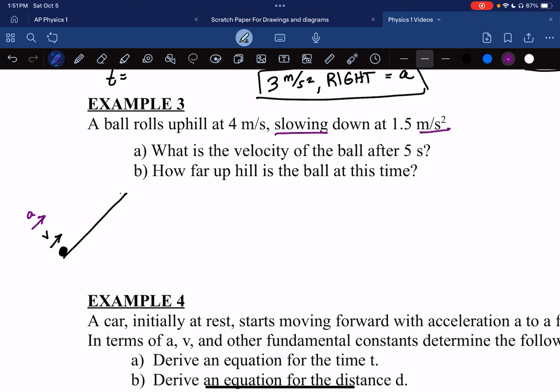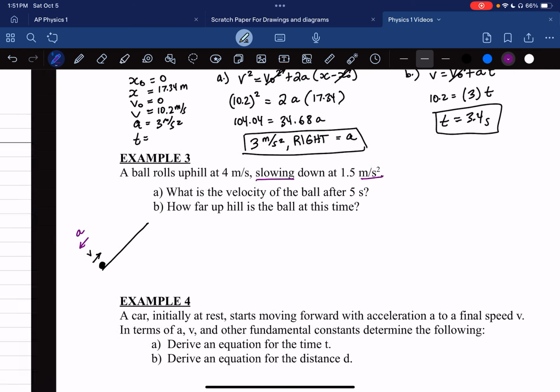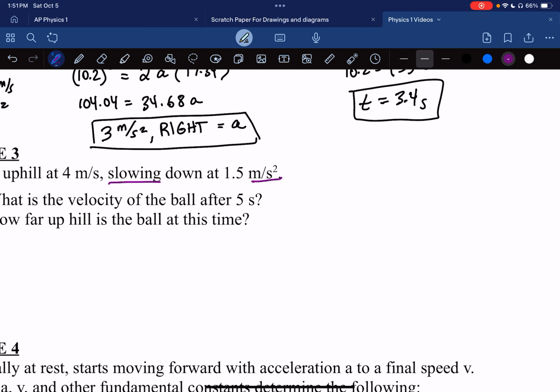We're just rolling a ball uphill. Have you ever played skee ball? It's kind of like that. It rolls up, and let's say it didn't make it in the hole, it'll just come back down. So the acceleration must be in this direction, because then the ball would be slowing down, make it up to a high place, and then it would roll back down like that.